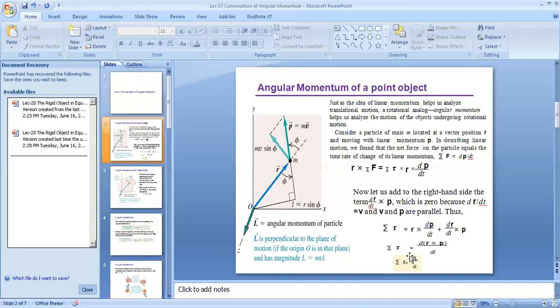This is indicating that if net torque on a particle is of zero magnitude, then the angular momentum of the particle will be conserved. There will be no change with respect to time in the value of angular momentum.